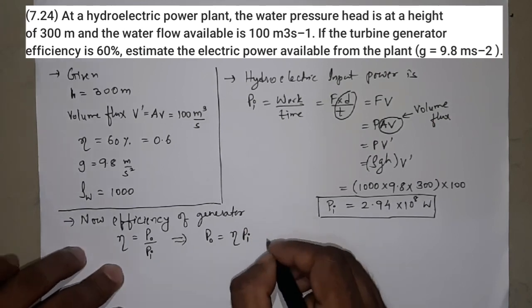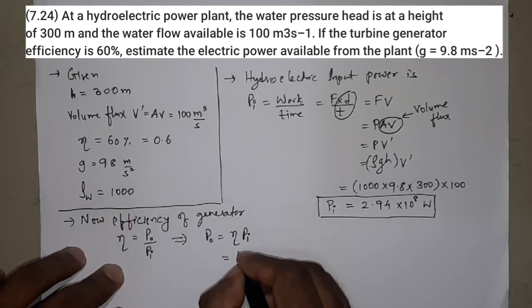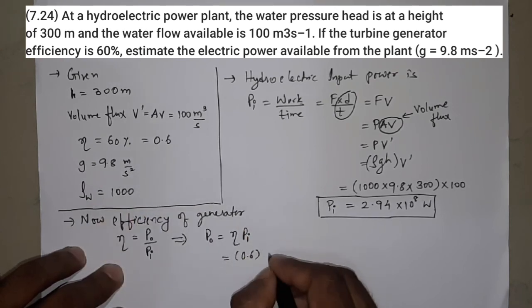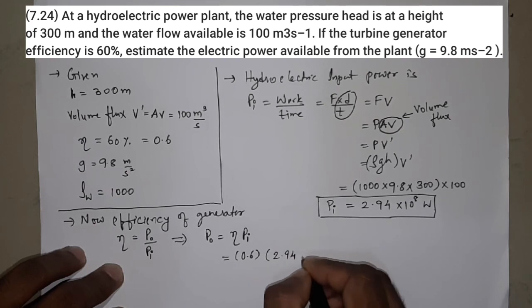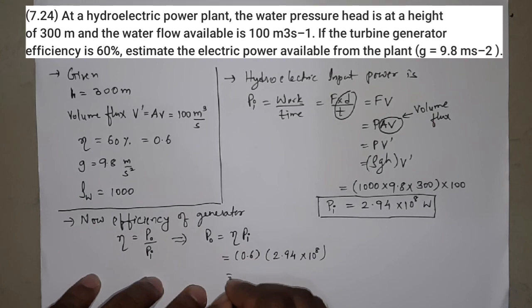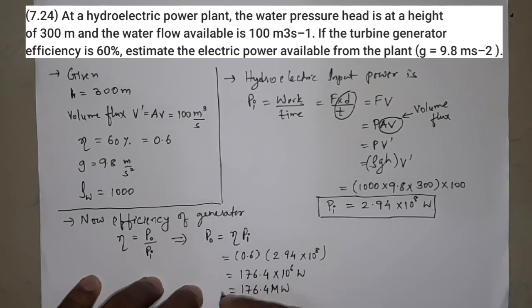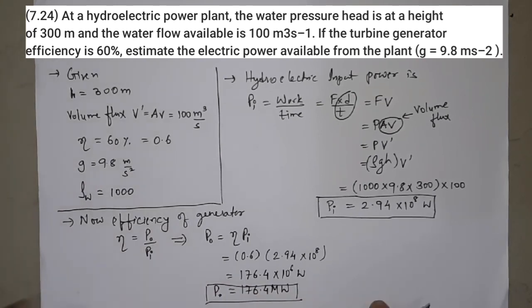Now putting values, eta is 0.6 and Pi is 2.94 into 10 raised to 8. So the output power is 176.4 into 10 raised to 6 watt. Or you can write it as 176.4 megawatt, since 10 raised to 6 is mega. This is the output power. Clear? Thank you.